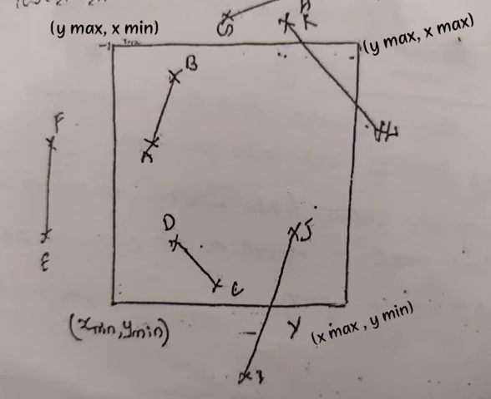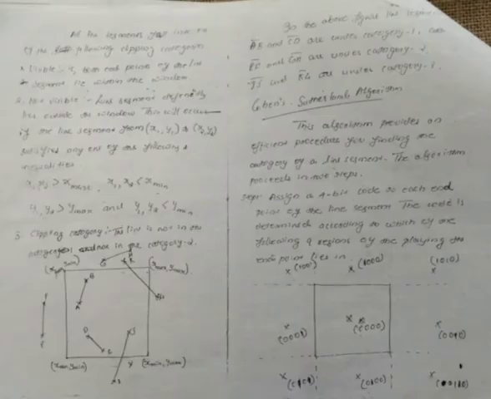In this picture we can see that the lines AB and CD are under category 1, that is, they are visible, and the lines EF and GH are under category 2, that is, non-visible, and the lines IJ and KL are under category 3, that is, the clipping category.